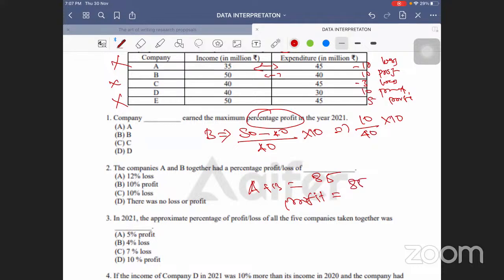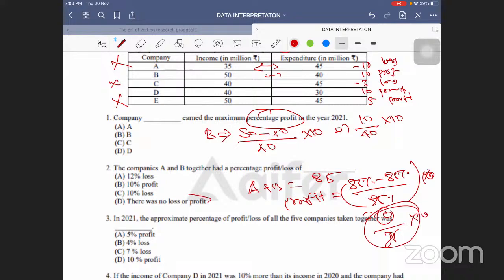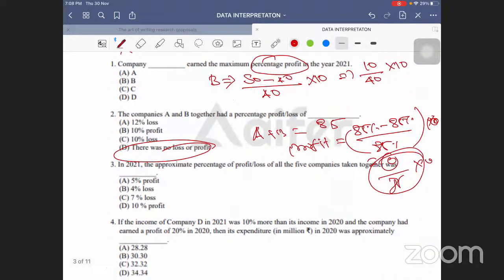So 85 minus 85 is 0, and 0 divided by 85 into 100 is 0. Anything into 0 is 0, so there is no loss or profit. Clear? Yes, sir. Okay.